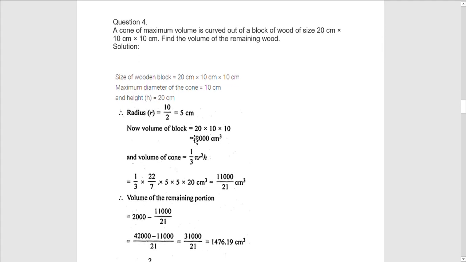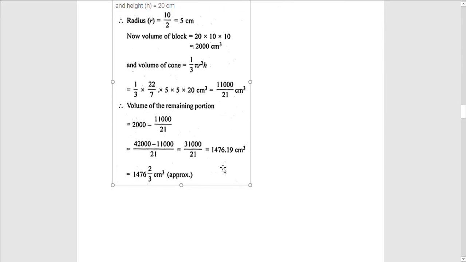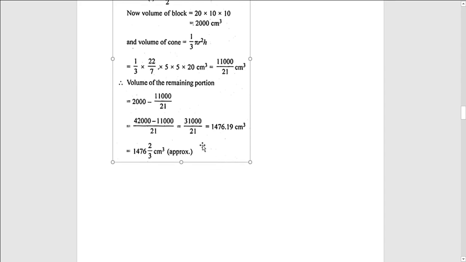So volume of the wooden block, cuboid, is L into B into H. Now volume of the cone is 1 by 3 pi r square h, and volume of the remaining portion is volume of cuboid minus volume of cone.